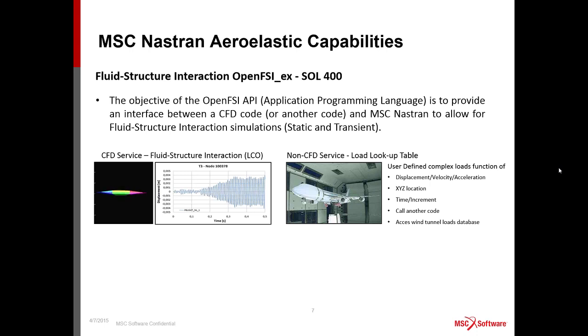This is interesting because we can even write our own function of the load, which can be a function of displacement, velocity, acceleration, the position of the structural nodes, or the time at the increment in which the solution is, okay? Or we can, as I already told you, call another external code. This is, for example, the case in which we have a load database available and we want to couple a Nastran model to this load, okay?